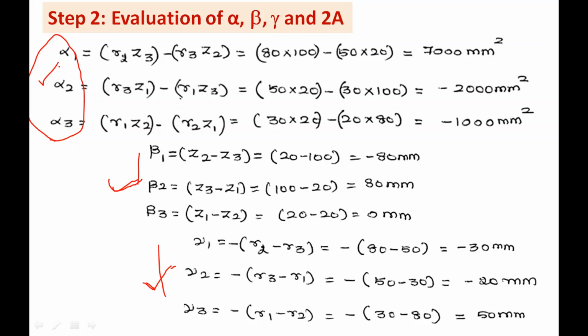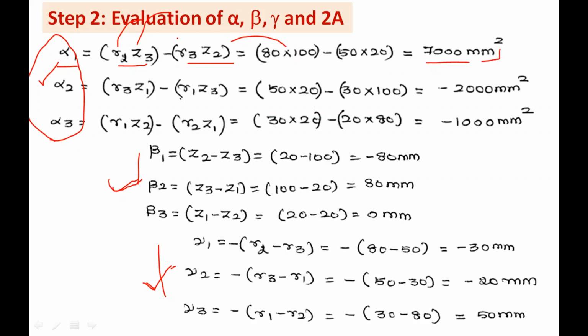So what is the expression for alpha? Alpha i is equal to Rj Zk minus Rk Zj. X will be replaced by R, Y will be replaced by Z. So alpha 1 is equal to R2 Z3 minus R3 Z2. Now substitute the coordinate values. We are getting alpha 1 as 7000 mm square.